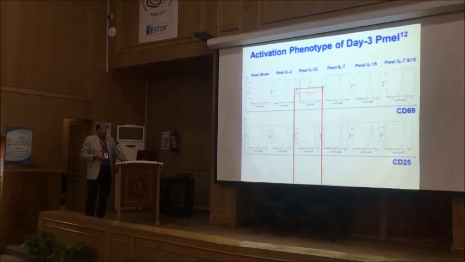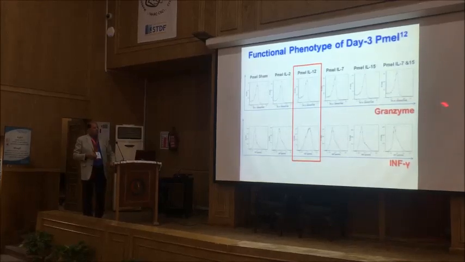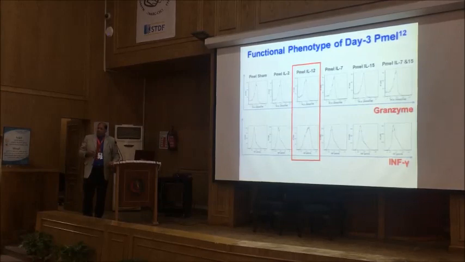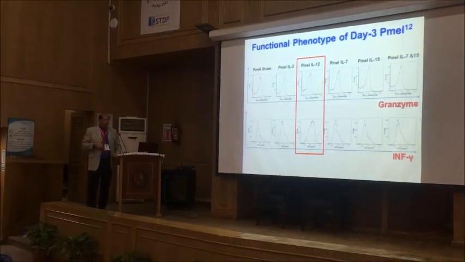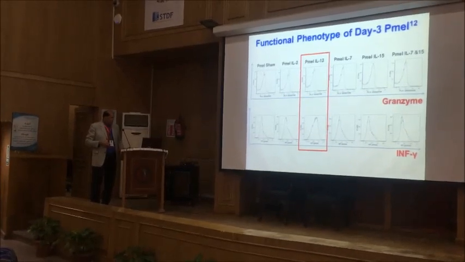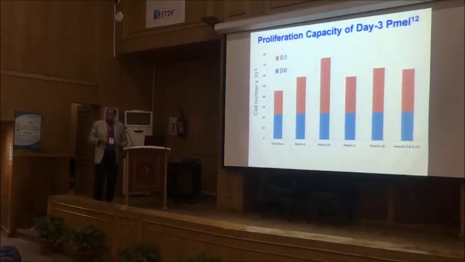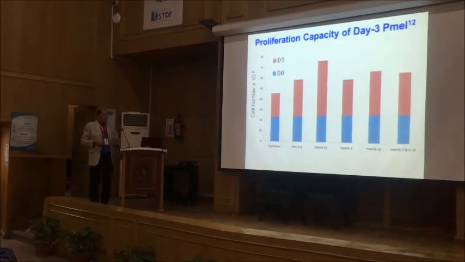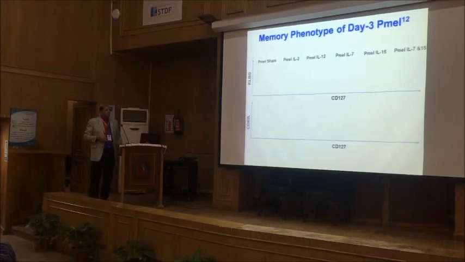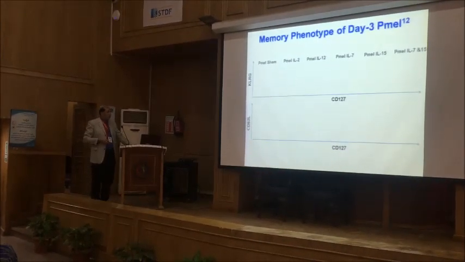We used the functional phenotype based on production of granzyme, a cytolytic mediator which attacks cancer cells or target cells, and interferon gamma as well. We also used proliferation capacity in vitro, which is much better than the sham. And we also characterized the memory phenotype.